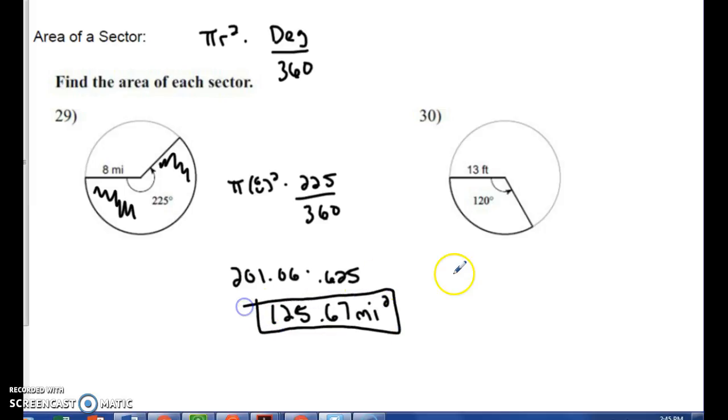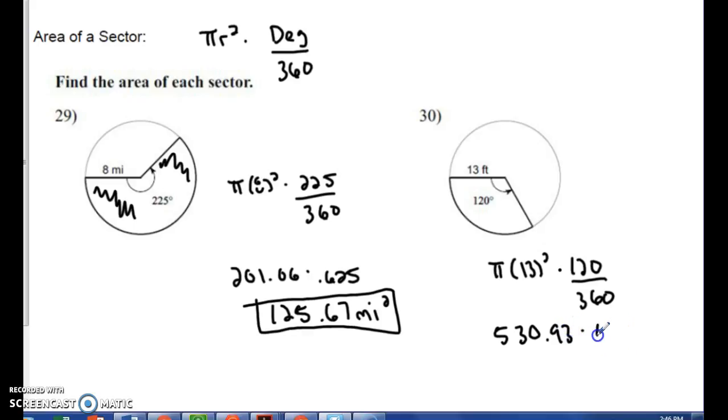Okay? Looking at number 30, it's the same basic idea. I'm taking the area of my circle, which is 13 squared times pi, and multiplying it by 120 over 360. So I get 530.93 and multiply it by 1/3.